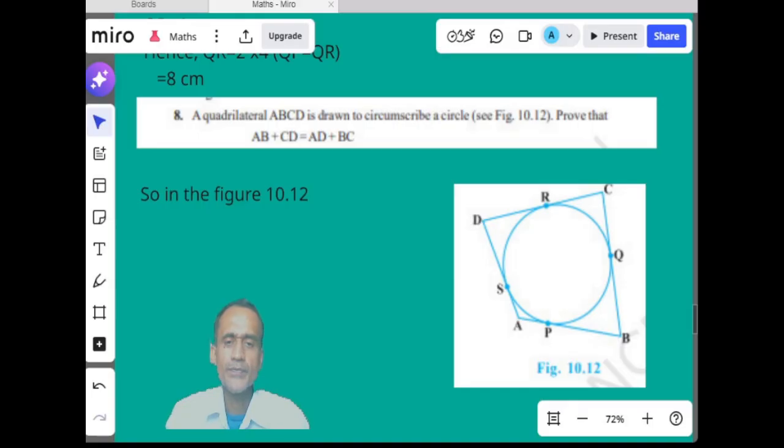So DR is equal to DS, AS is equal to AP, BP is equal to BQ, CQ is equal to CR. And how will we get AB, CD, DA, BC? By adding these values: CR and DR, DS and SA. So we'll write all these equations and add them. That will give us the final answer.